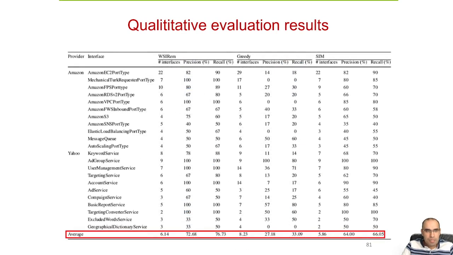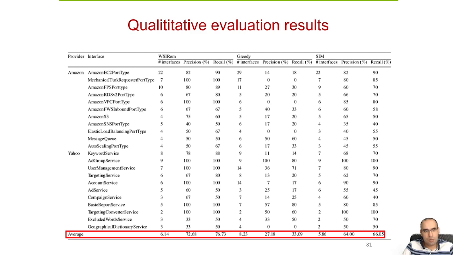For the second research question, as for the qualitative evaluation, the results indicate that the multi-objective search also achieves higher precision, which is higher than 70% in all the considered web services, and it sometimes achieves 100% in terms of precision and recall.